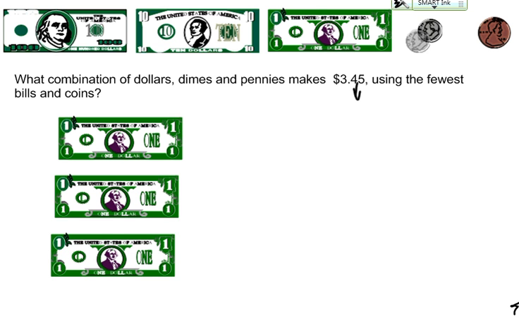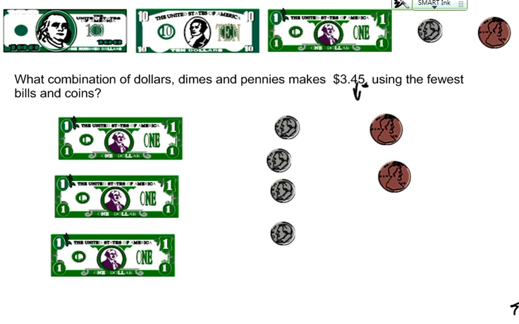So that's our dimes. 1, 2, 3, 4. So got $3. And now I need the hundredths column, which is where the 5 is. That's going to be pennies. So 1, 2, 3, 4, and 5. So it'll be 3 $1 bills, 4 dimes, 5 pennies. And so that would be the answer to a problem like that.